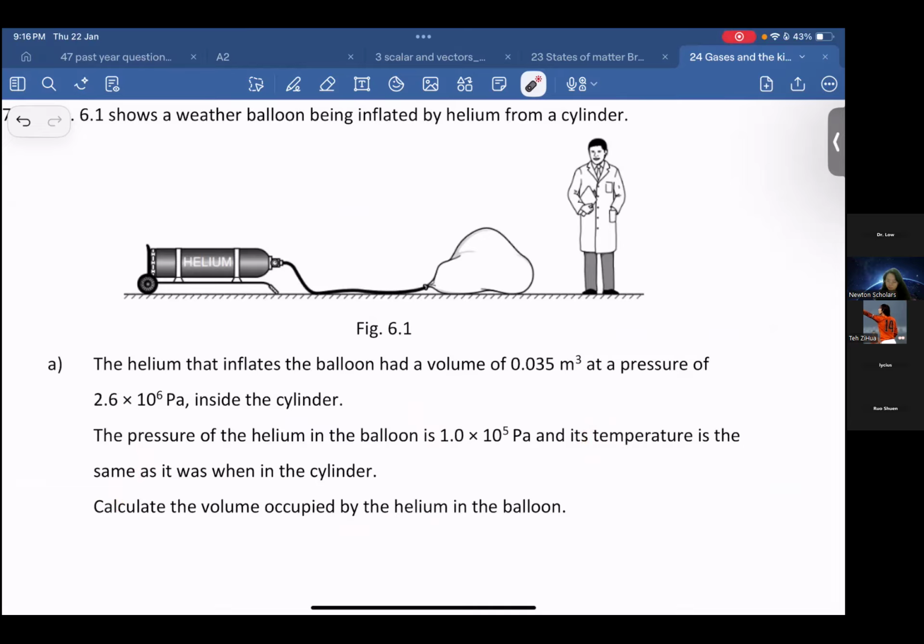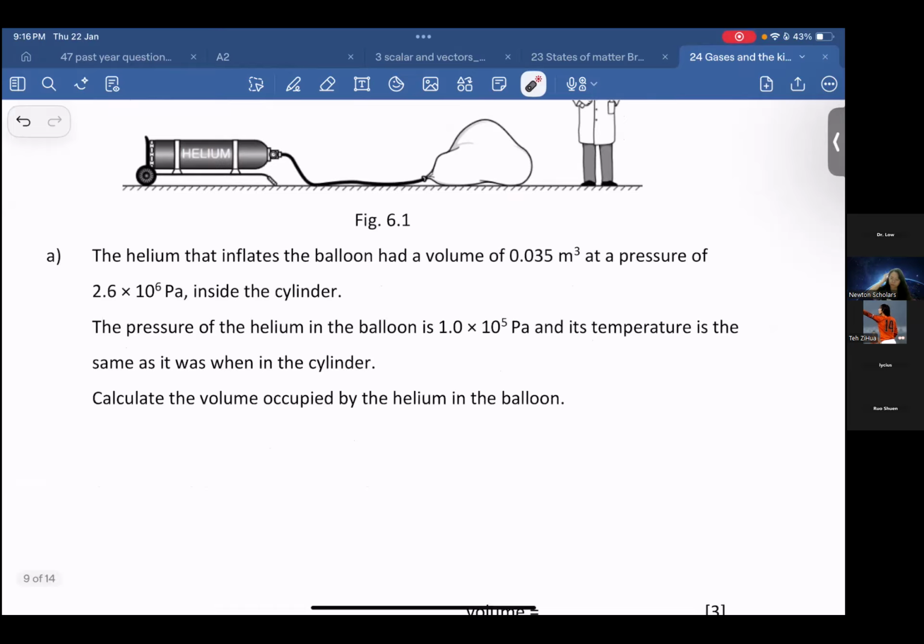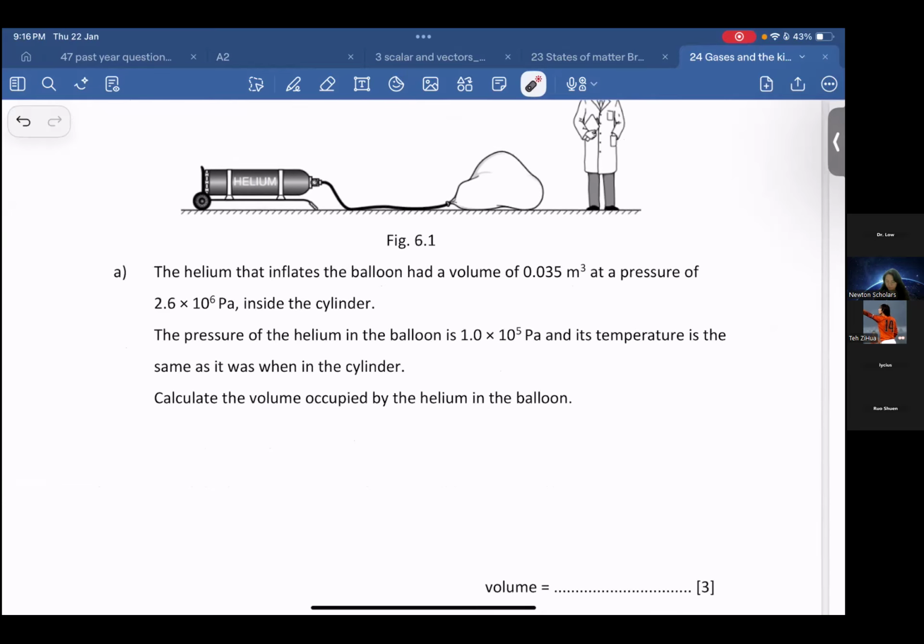Yes, Angeline, yes. Formula, substitution, final answer, okay? 3 marks. Final answer with unit. Okay. Zihua, do you try? Wait, Zihua, wait. I'm waiting.